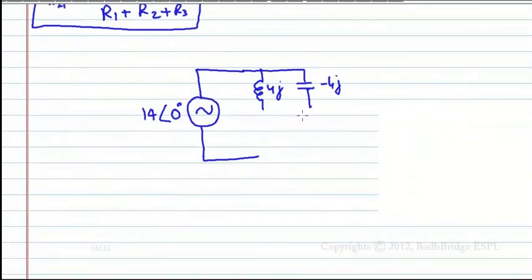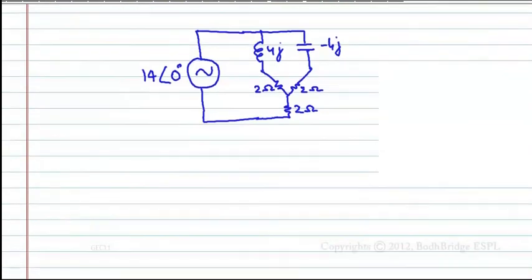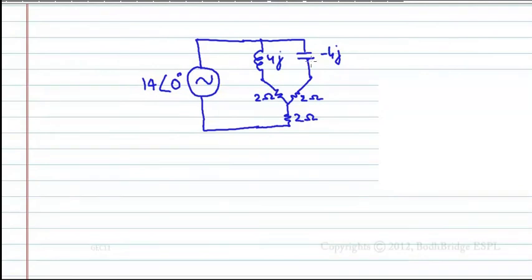Therefore I can write this as 2 ohm, 2 ohm and 2 ohm. Now see these both. These both are in series, and these both are in series. Therefore, we can write this as 14 angle 0.